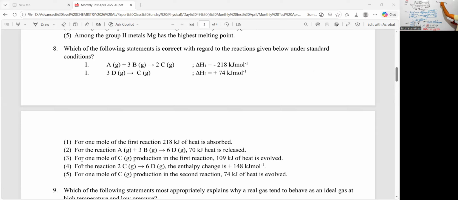They all are gases. And then 3D gas reacting to form C. And the enthalpy changes are given, delta H1, 2. So these are standard enthalpies as the question says. First one is minus 218.